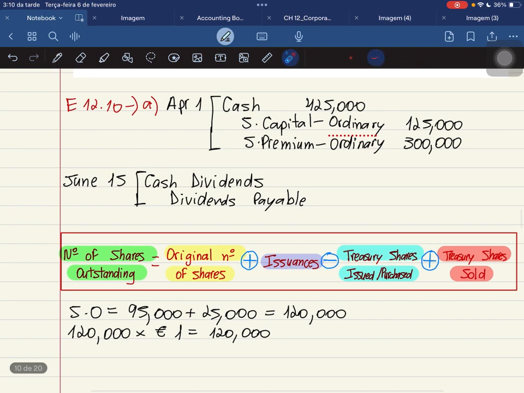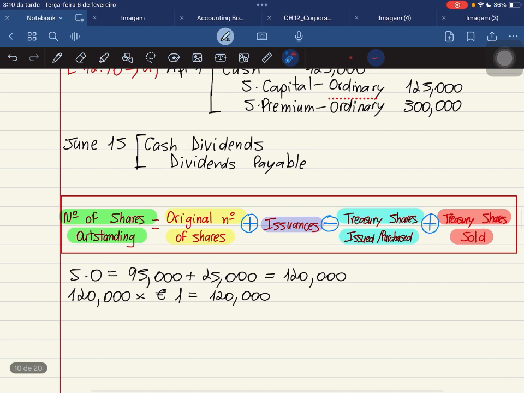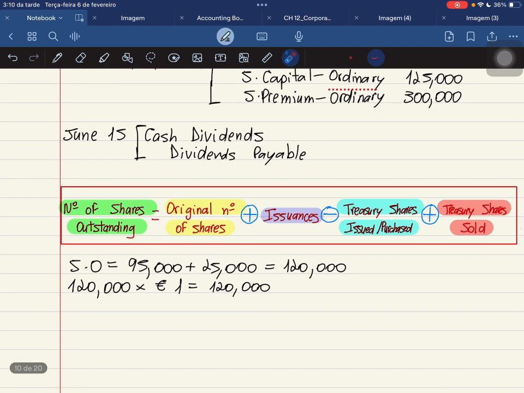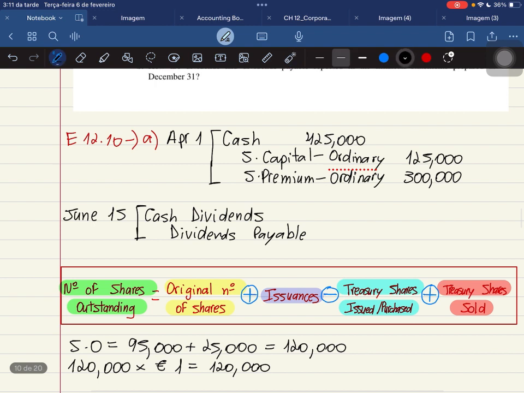Dividends payable, you can see over here, it is a payable, which means that it is a liability, and all liabilities have a minus and a plus. So over here, it is on the plus position, which means that our dividends payable are going up, and the value is going to be that 120,000 euros that we just calculated.